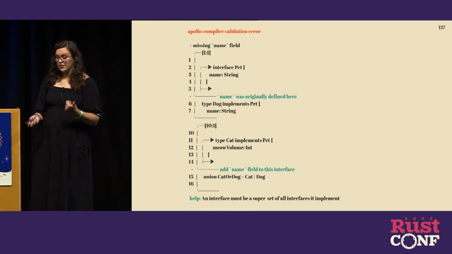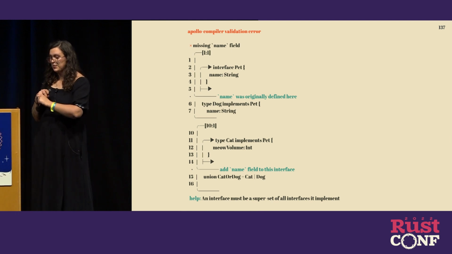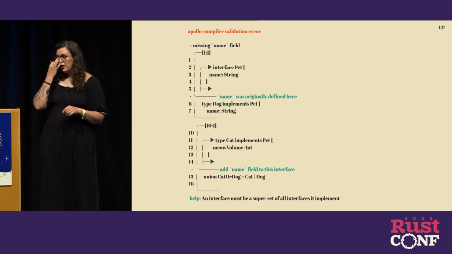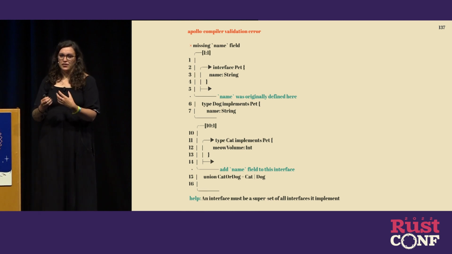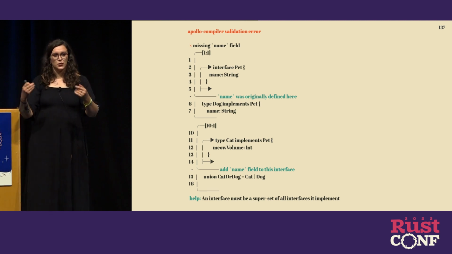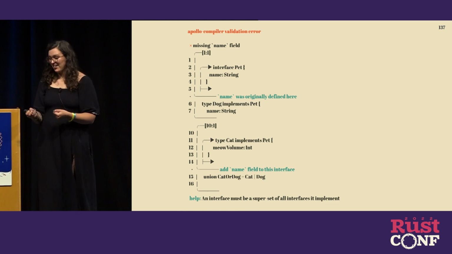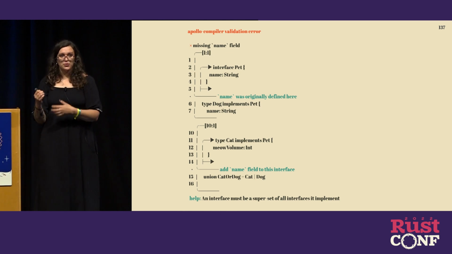In fact, it's not correct. As the message here says, an interface must be a superset of all interfaces it implements. What that means is that we have to have that field. And because we have this database of facts, we're able to check this sort of information and provide a user with a diagnostic that helps them fix it.